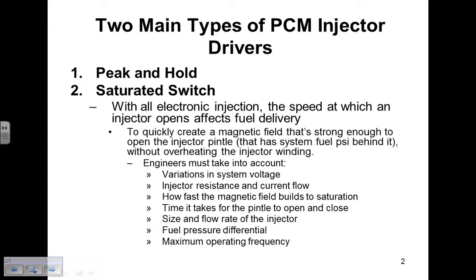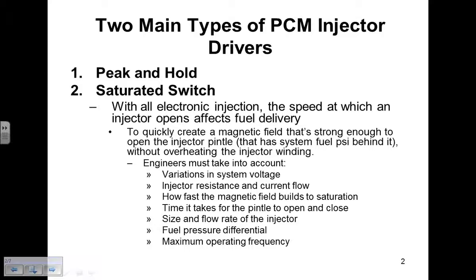Some other things that play a factor in the time that the injector opens would be system voltage. If you think about an engine that's cranking as opposed to an engine that's running, it's not uncommon to see a 4-volt difference in system voltage. If you're cranking the engine over, the starter draws a lot of amperage and system voltage is low just from cranking.